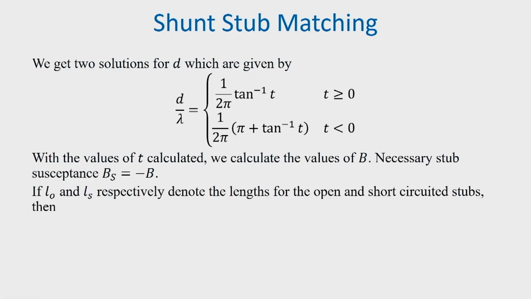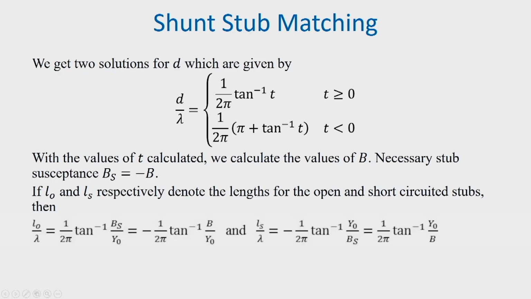Let us denote the length of the open and short circuited stubs by LO and LS. Then we can find out LO by lambda is equal to 1 by 2 pi tan inverse Bs by Y naught, and this can be written equal to minus 1 by 2 pi tan inverse B by Y naught.